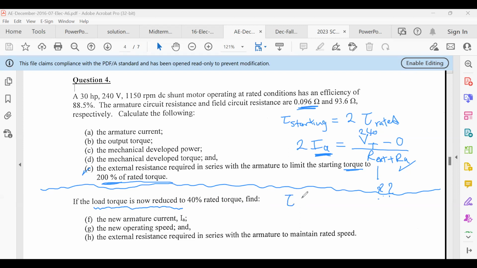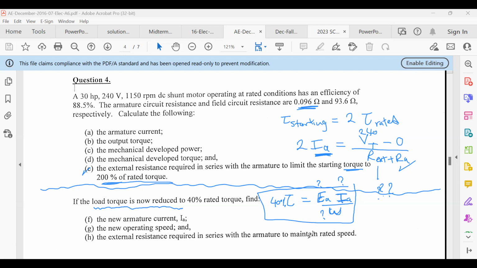So we have the torque equals EA IA over omega, now 40% of what we already calculated. E is going to change, IA is going to change, and omega is going to change. So you still have three unknowns in one equation.